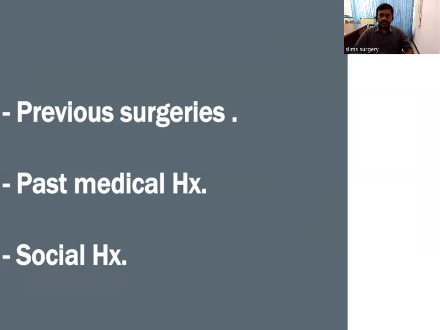Then comes past history. Past history you can divide into two things: one is the medical history and another is the surgical history. In medical history, you should ask about all the medical conditions like diabetes, hypertension, bronchial asthma, ischemic heart disease, and tuberculosis, and any blood transfusions. Surgical history you can divide again into two: one specific to the case, and the other a generalized surgical history.